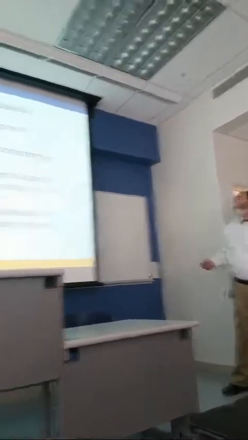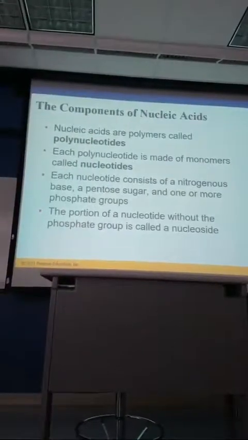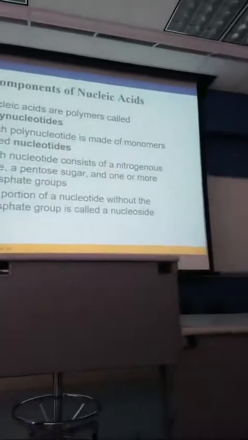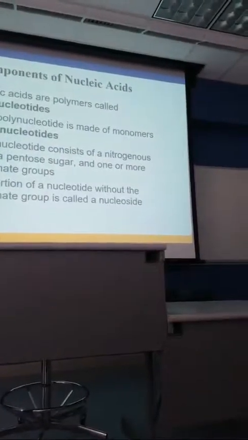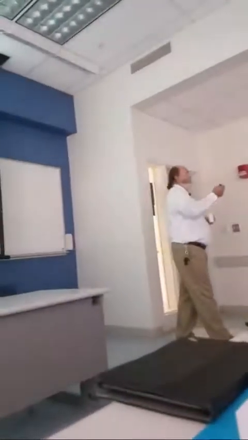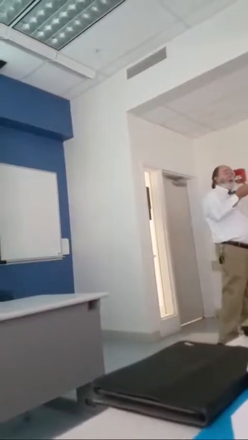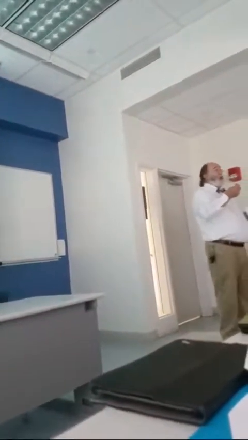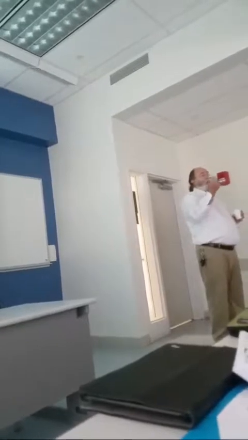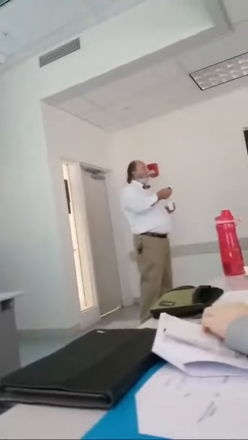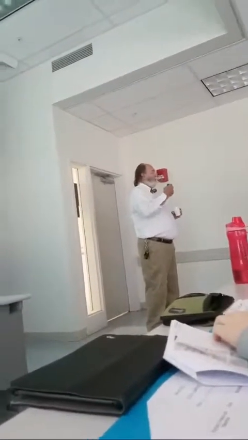Well, here it is. It says the portion of a nucleotide without the phosphate group is called the nucleoside. So if we have a nitrogen base and we add a sugar to it, it's no longer a nitrogen base, but a nucleoside. If we then add the phosphate to that sugar, it becomes a nucleotide.